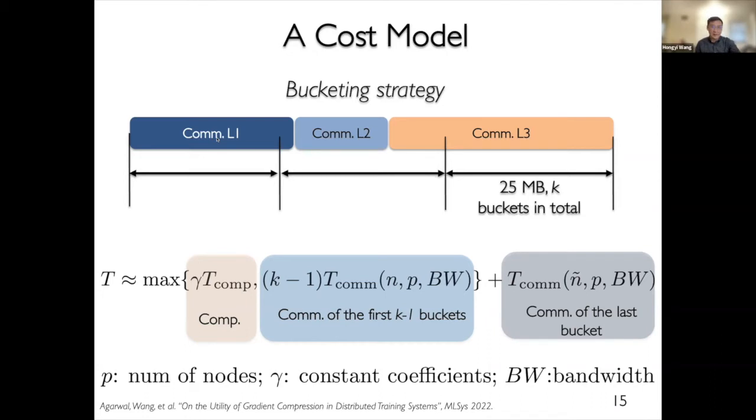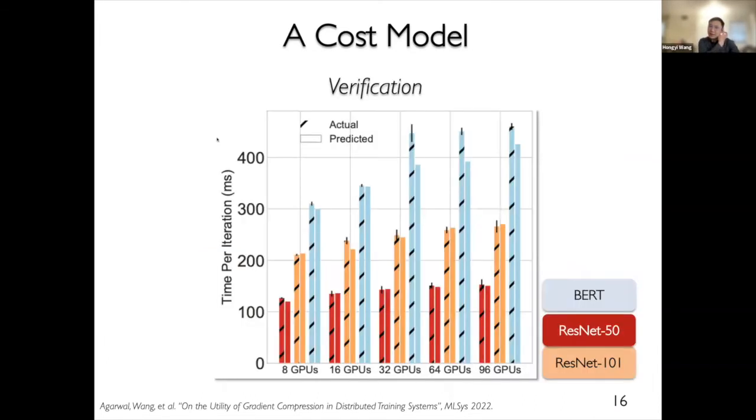And then we can also plug in the gradient compression here, which is the new communication cost plus the encoding and decoding cost. It seems this cost model captures the communication very accurately, even with this simple cost model, in most of the tasks we experimented with in our work.